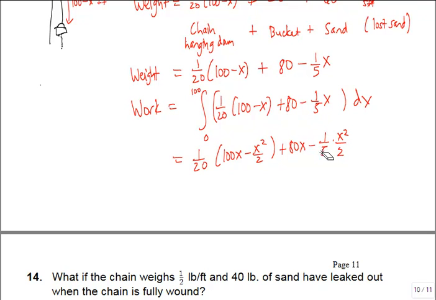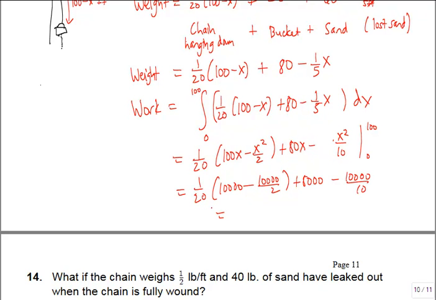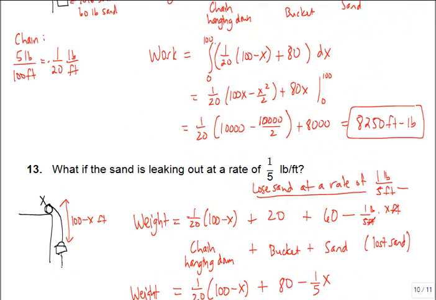So you can change this denominator, if you will, to just a 10. And then my bounds are 0 to 100. So you plug those in. And this gives you 7,250 foot-pounds of work, which is less work than what we had before.